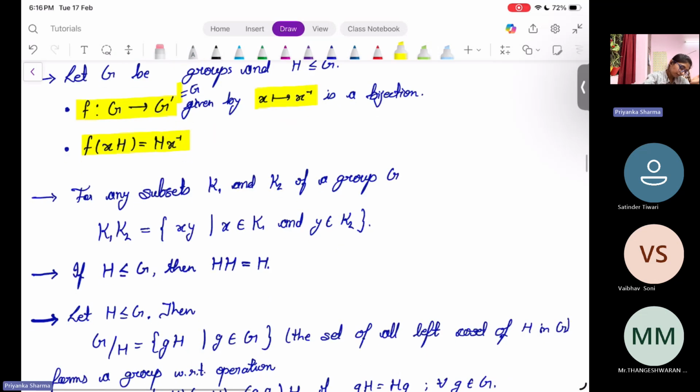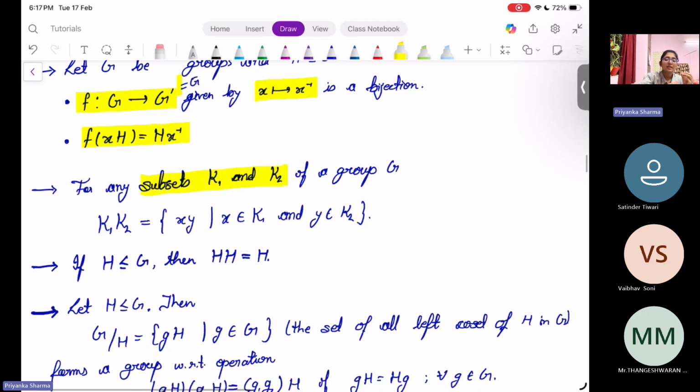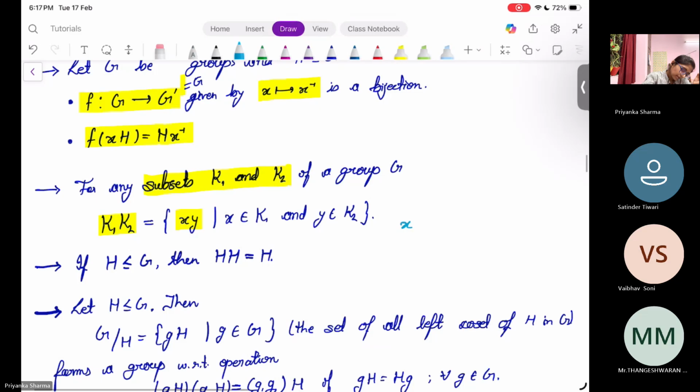Now, if we have two subsets, in general subsets, not necessarily subgroups, say K1 and K2 of a given group G, then we can define their product K1 times K2 in a natural way. This is the collection of x star y, where x is coming from K1 and y is coming from K2.